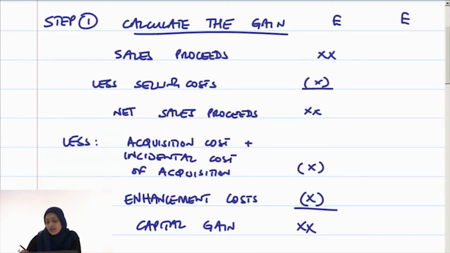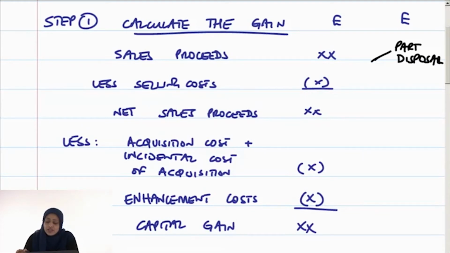The first variation we can have is something known as a part disposal. Part disposal is where we dispose of part of the asset that we own. For instance, we own 5 acres of land and we're only selling 1 acre of that land.